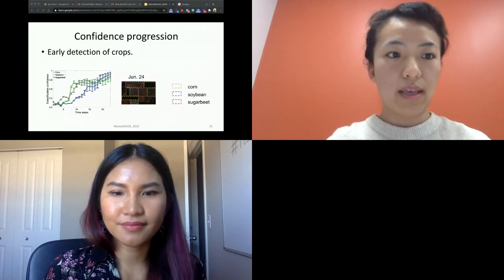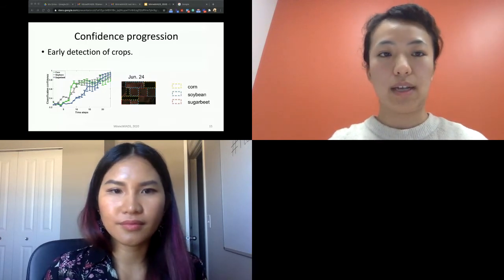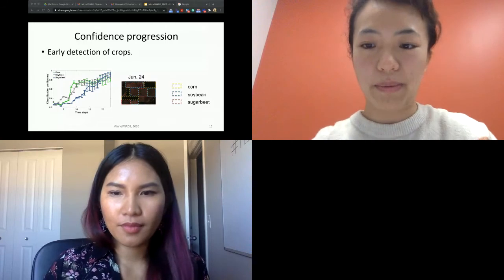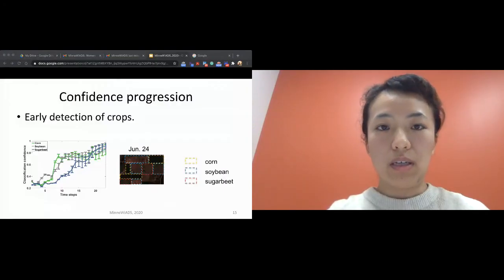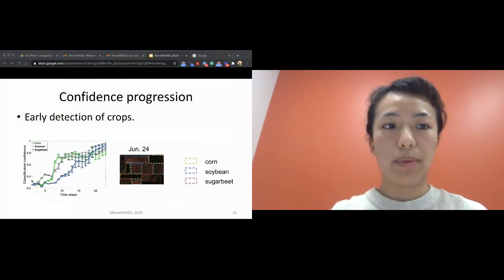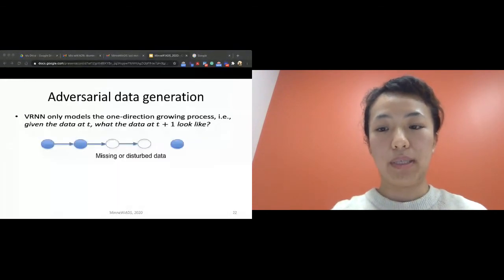So I can quickly talk about the data generation process that I skipped because I thought it might be too much information. Basically, the variational recurrent neural network can be combined with the adversarial data generation, where in our example for the Sentinel data, we had missingness in between dates.